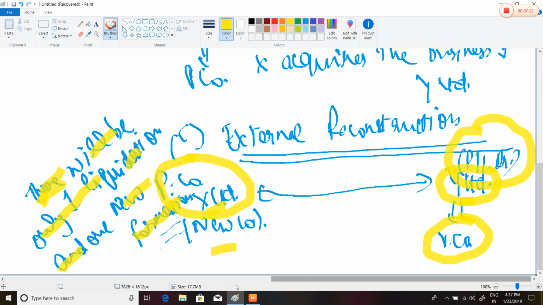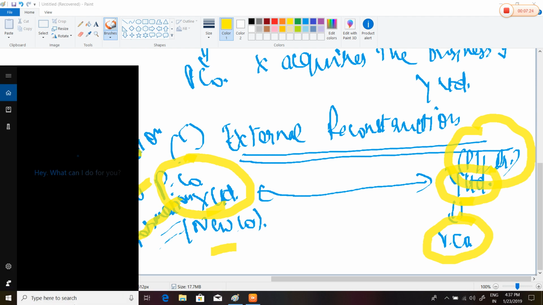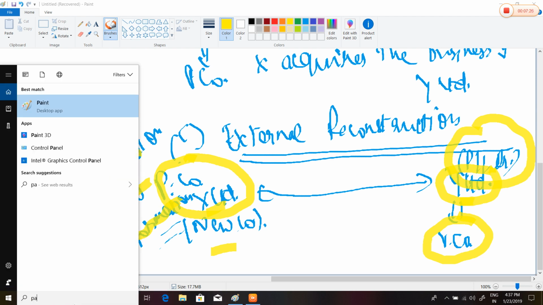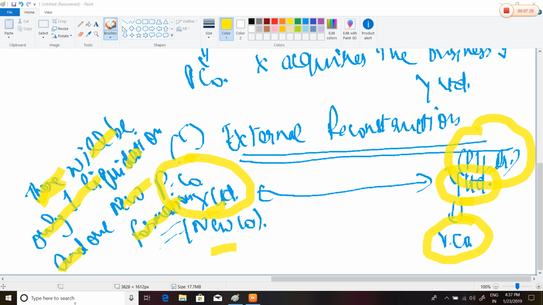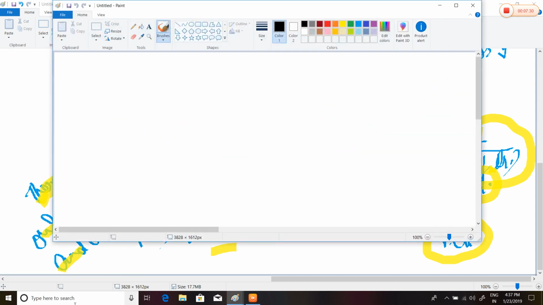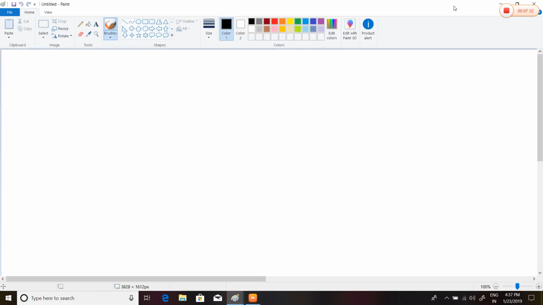There are two methods of accounting in amalgamation.